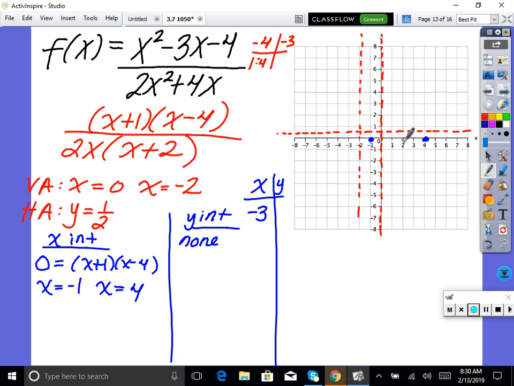So let's have some people plug in maybe 2 and 1. Okay, so negative 3 up 1, 2.3. Okay, that's great.